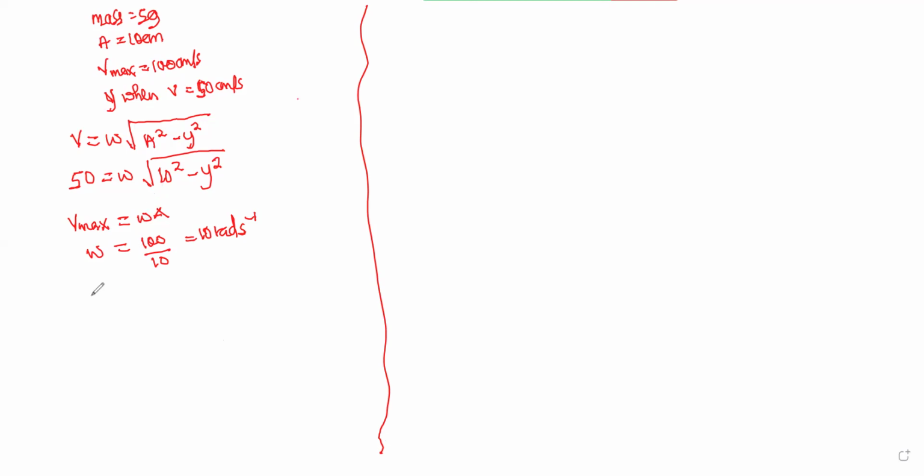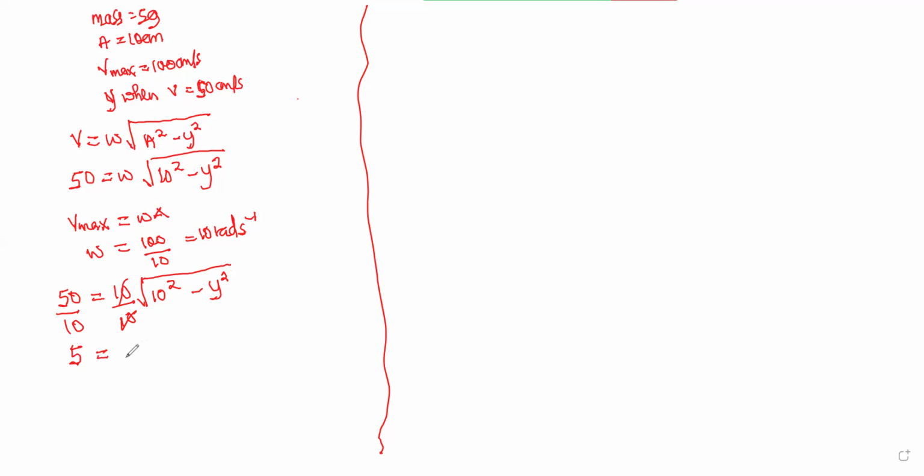So we have 50 is equal to 10 times the square root of the amplitude, which is 10, so 10 squared minus the displacement y squared.